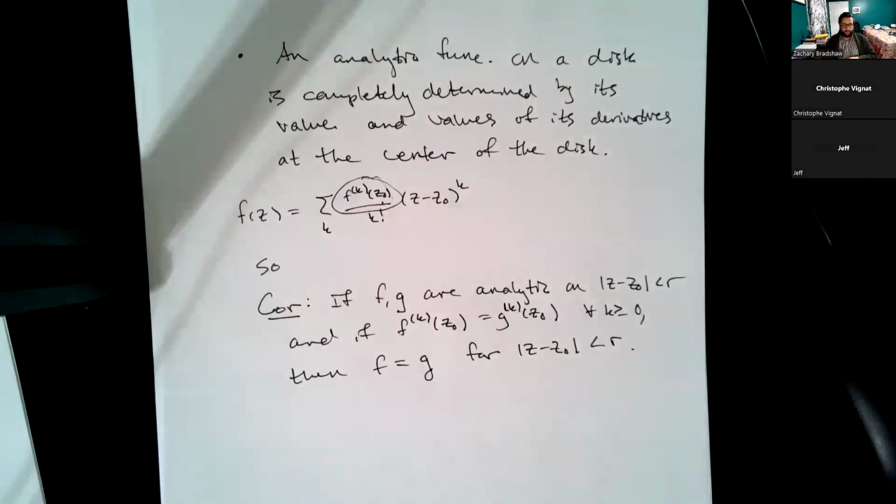Okay, so if I have two analytic functions and all of their derivatives agree just at the center of the disk, then in fact they're the same on that disk.